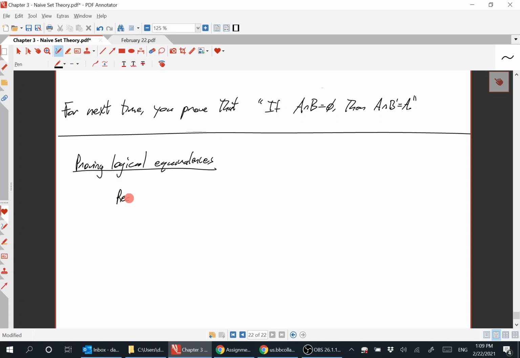So recall that P if and only if Q is logically equivalent to P implies Q and Q implies P. A double implication, a logical equivalence, is also known as a double implication. P if and only if Q means P implies Q, and Q implies P.